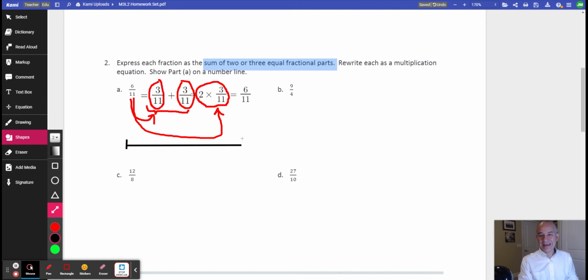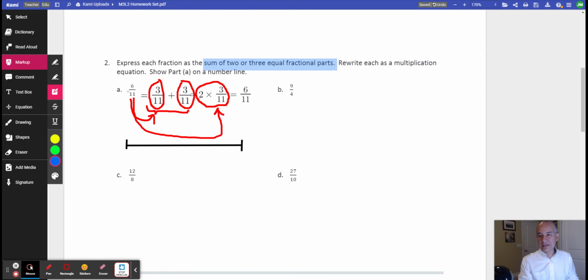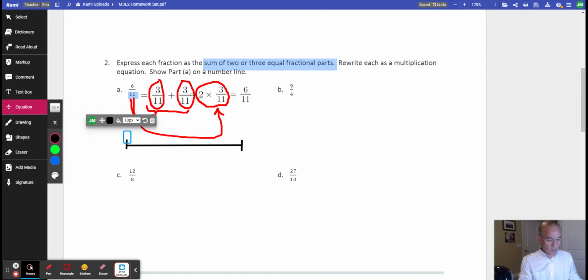I'm going to create a number line that goes from 0 to 1. Remember, that is key. The next thing we need to notice is that each whole is divided into 11 parts. The denominator always dictates the number of parts in the whole. So this is going to be 0, and this is going to be 1. Now we're going to create 11 parts in it.